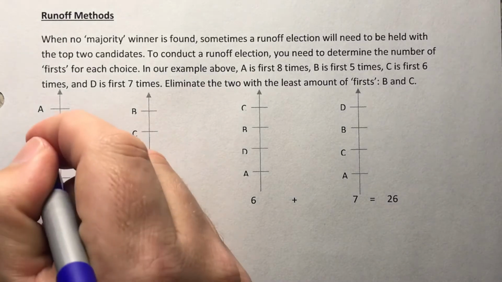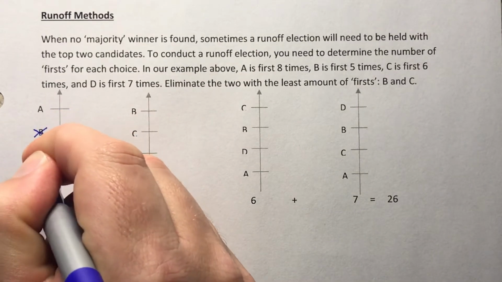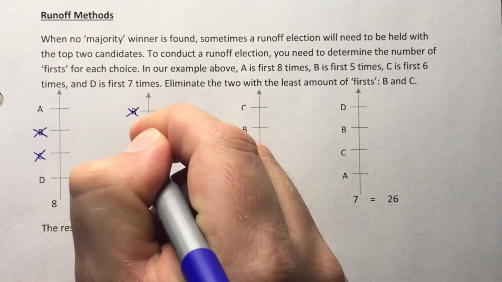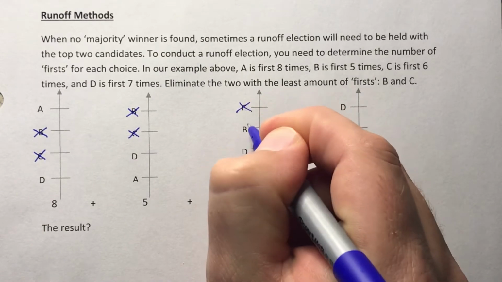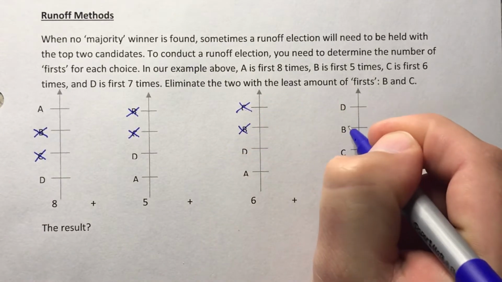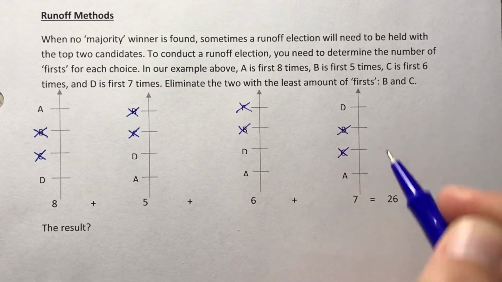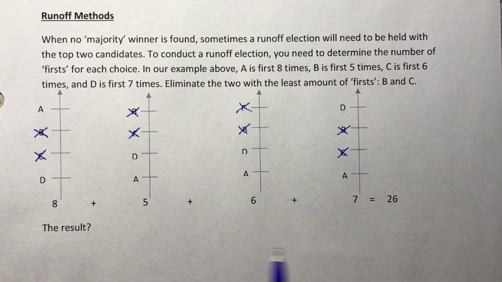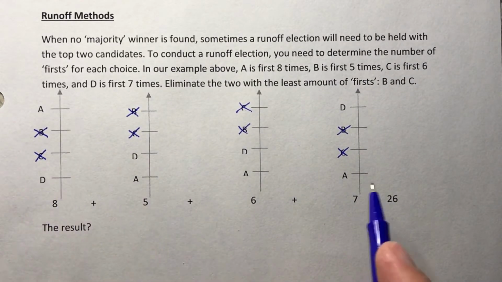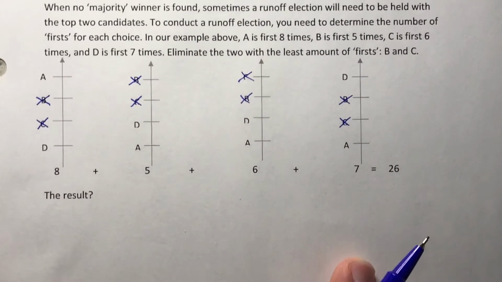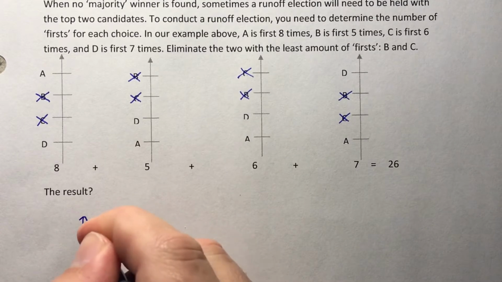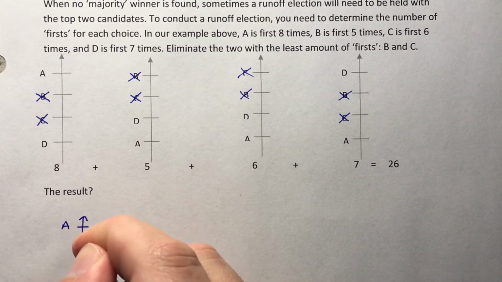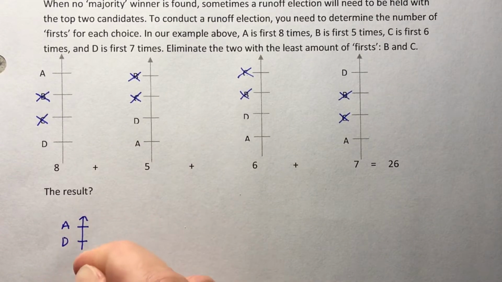So we're basically going to get rid of the B's and C's on each of these lists. And we'll take a look at the result here. If I rewrite these with the B's and C's crossed out, this would be A and D, and this is 8.